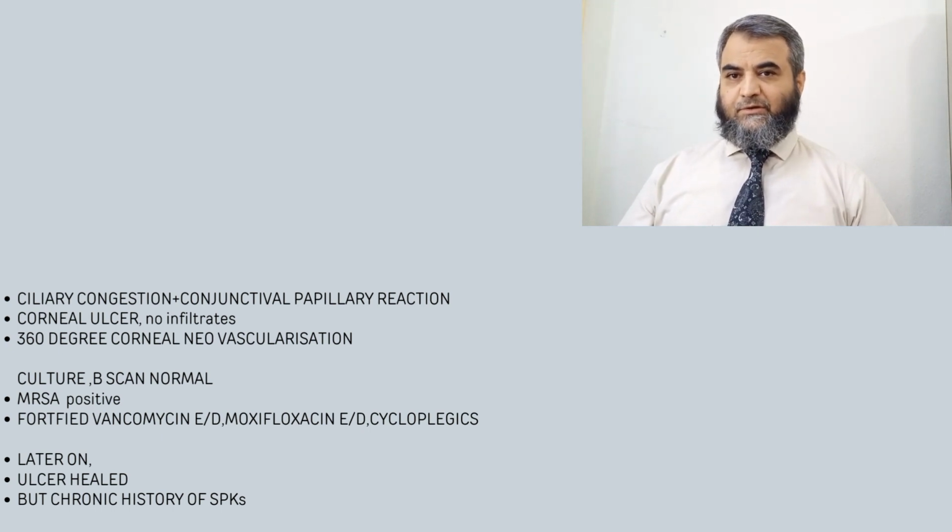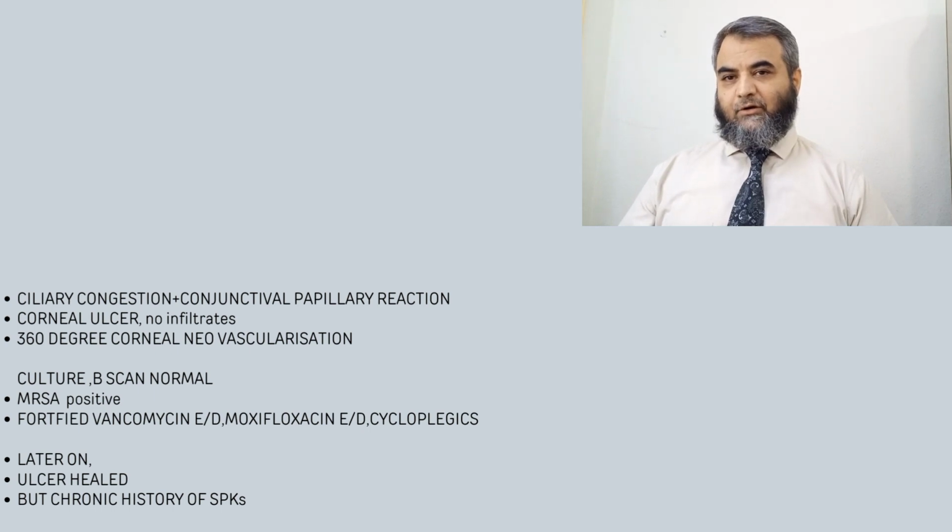This patient underwent culture and sensitivity with conjunctival and corneal swabs, and we also did a B scan to see the involvement of the vitreous and retina, but it was negative. There was no infection involving the posterior segment.